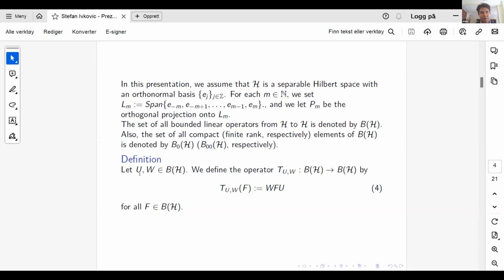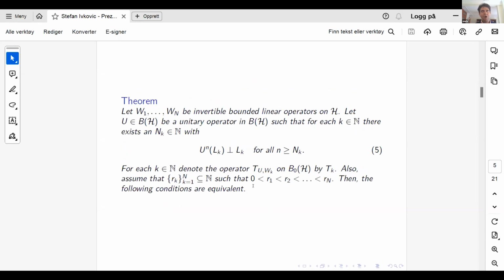And now we will consider a special kind of elementary operators which are called wedge operators. What is this? If you take two operators U and W on H, then you can consider this operator which is given in this way here, multiplying on the left by W and on the right by U. And then we should notice that this is also a well-defined bounded linear operator on B_0(H), because B_0(H) is an ideal, so this image will stay in B_0(H).